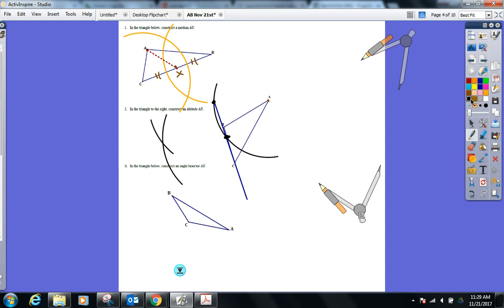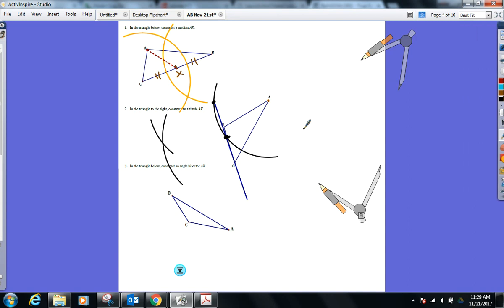And where are you guys placing your straight edge to make the altitude? Well, where's it got to start from? It's got to come from A, right? So I'm going to line my straight edge up with A and that point of intersection.